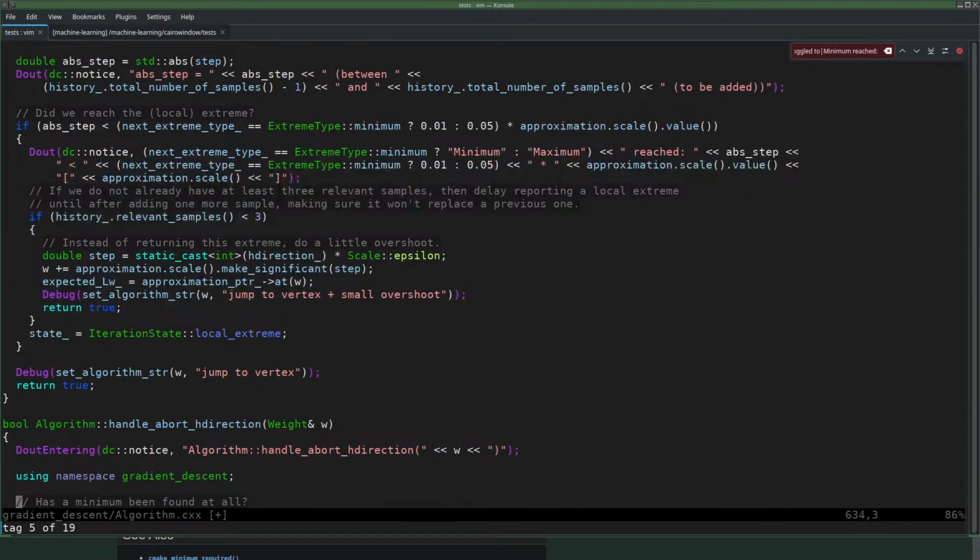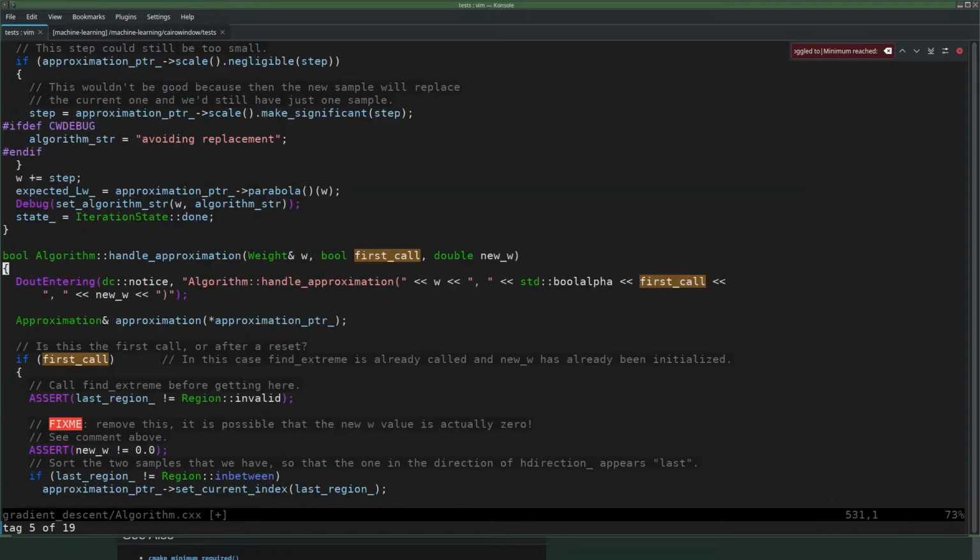I don't think we should even get here. Should not get here. Handle approximation should not be called, which means that in terms of the meaning of first call, it doesn't really matter anymore, because I'm not going to call this.